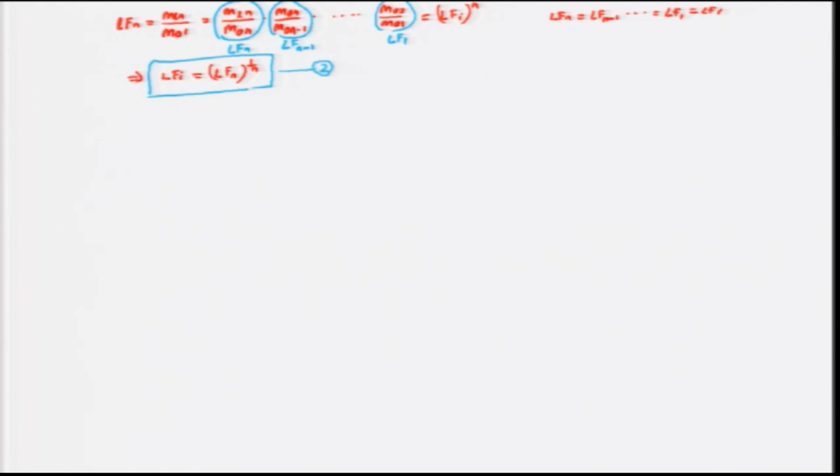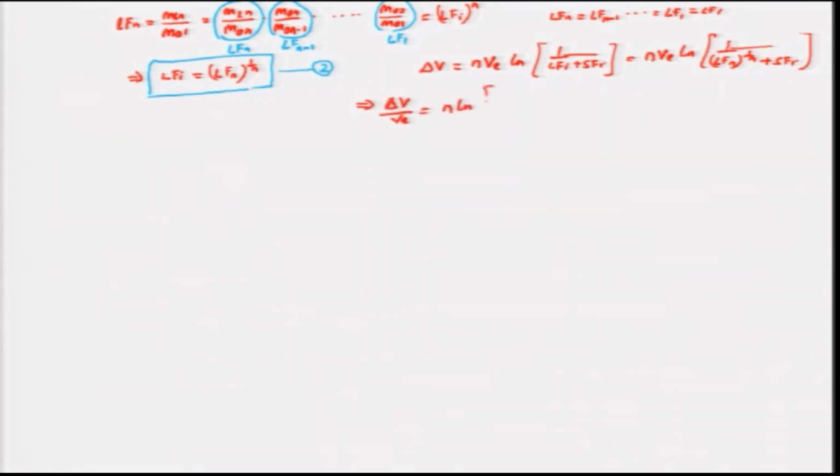So, if I club this with the earlier equation, delta V is equal to n V_E ln 1 by (LF_I plus SF_I), I can write n V_E ln 1 by (LF_n power 1 by n plus SF_I). So, I can also write delta V by V_E is equal to n ln 1 divided by (LF_n power 1 by n plus SF_I).